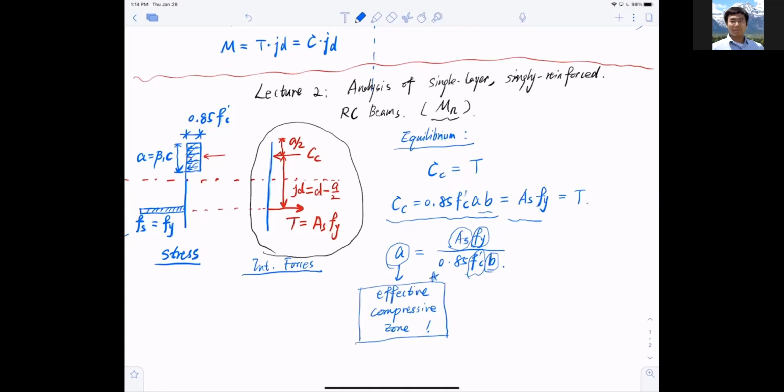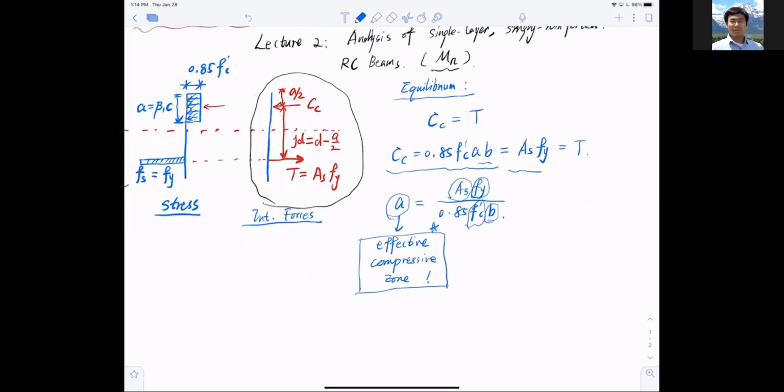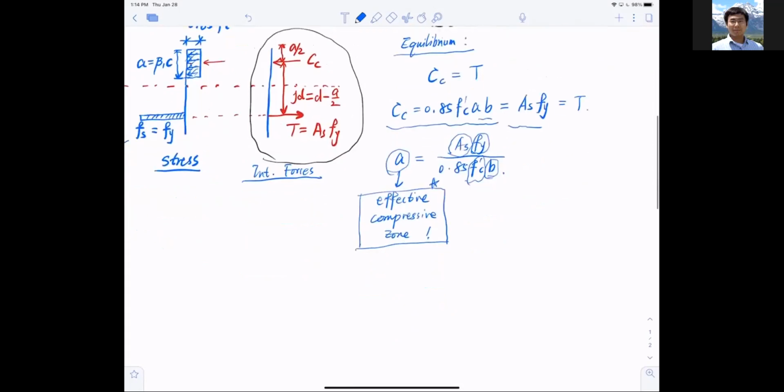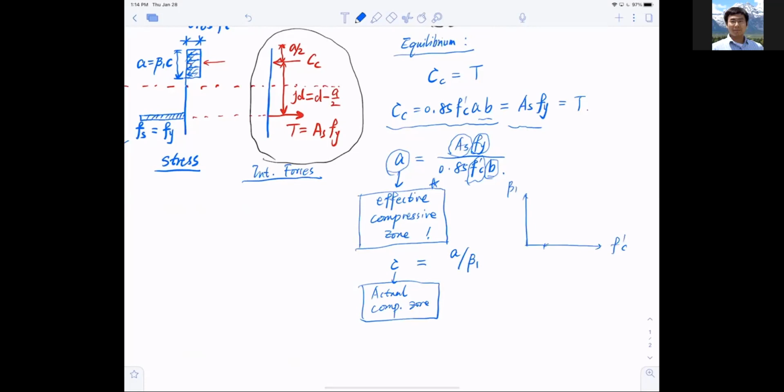Effective compressive zone. All right, and now once I computed my effective compressive zone, I can go further because now I can compute my actual compressive zone c, and that equals a divided by beta 1. And we have talked about beta 1. Beta 1 is a concrete-dependent coefficient. Its value depends on the compressive strength of concrete f'c, with two magic numbers, 4 ksi and 8 ksi.